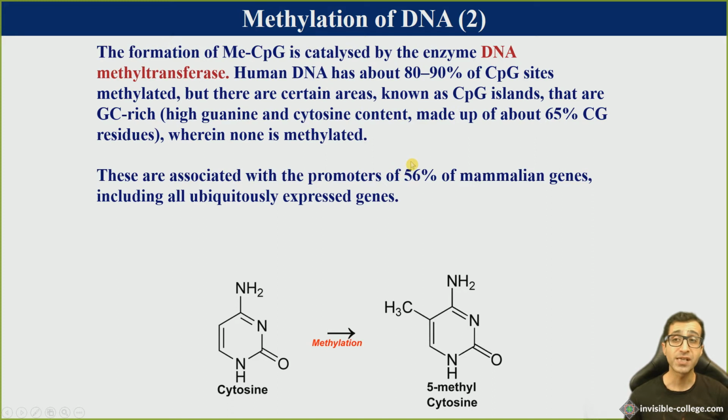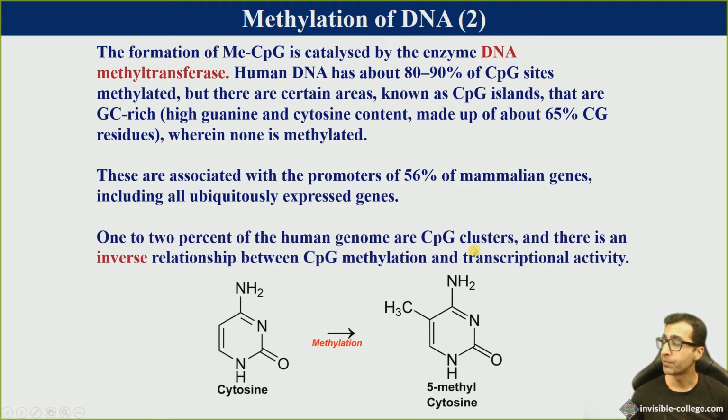Now, these are associated with the promoters of 56% of mammalian genes, including all the ubiquitously expressed genes. So 1 to 2% of the human genome is made up of these CpG clusters.